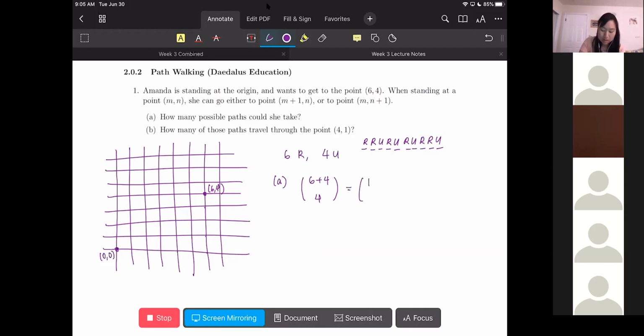So this is 10 choose 4, which is, and this is 210. Any questions?